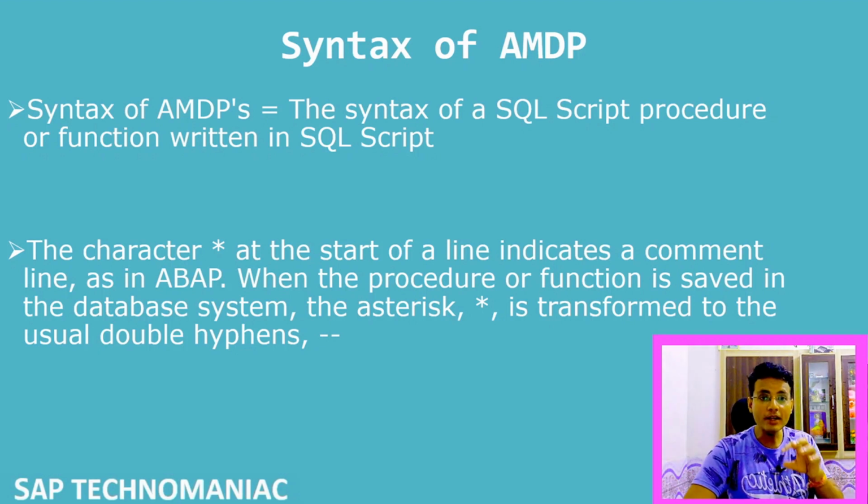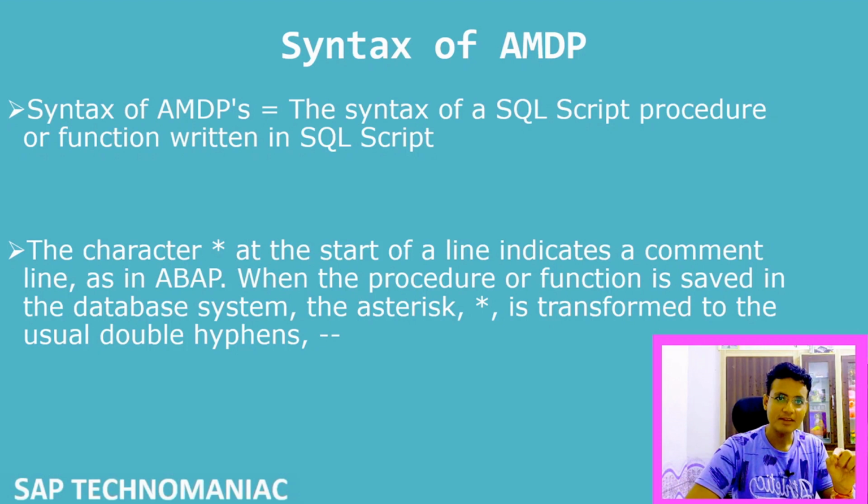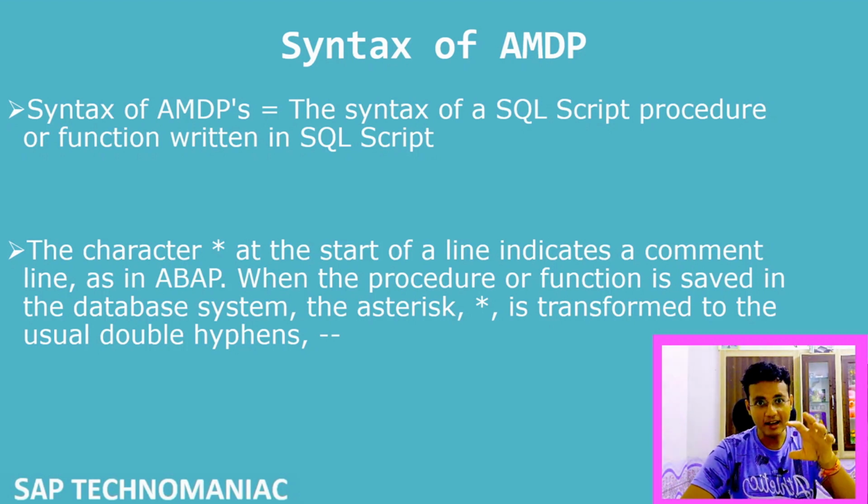Those asterisk signs will be replaced by the double hyphen sign when these database procedures and functions managed by ABAP are saved in the database. If you look at those procedures and functions managed by ABAP in the HANA database, those asterisk signs are replaced by hyphens.